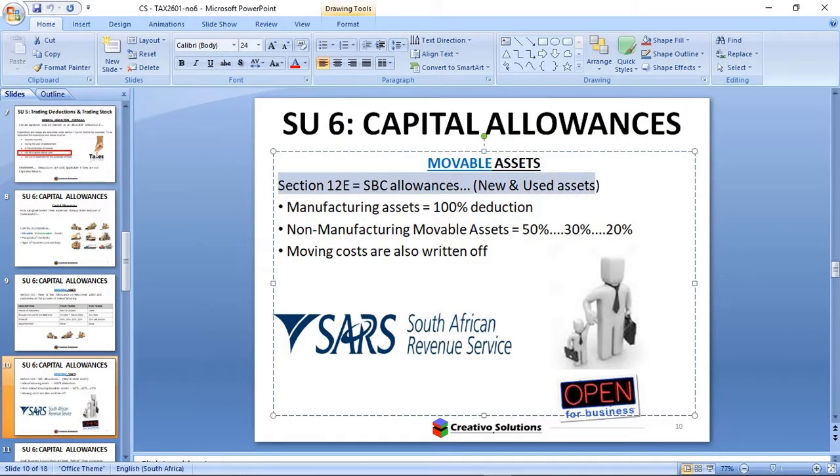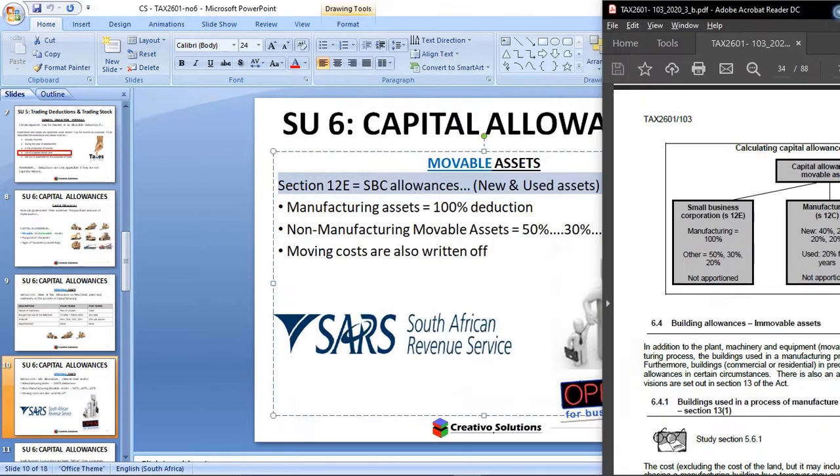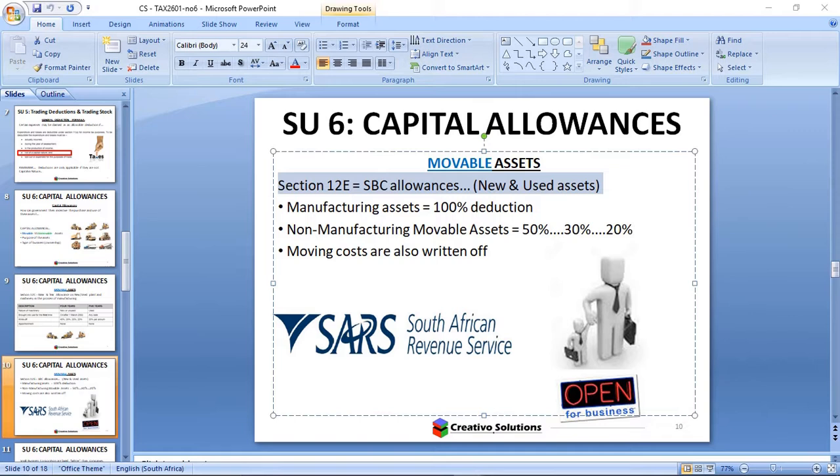Section 12E applies to an SBC. If you look at this, you'll see it here in the textbook as well, well, study guide. Other assets, not manufacturing, other: 50, 30, 20. Everybody see that? So if you're looking at the deductions in terms of the capital allowances general deduction formula, 50%, 30%, 20% is going to be deductible from the current taxable income calculation.